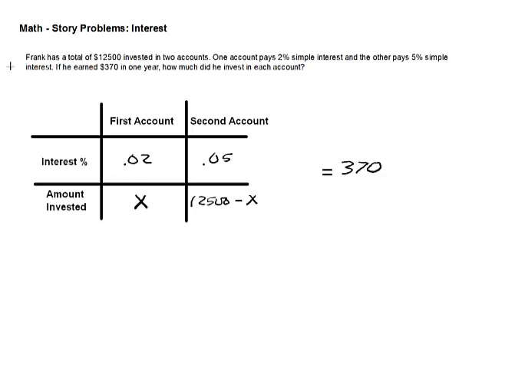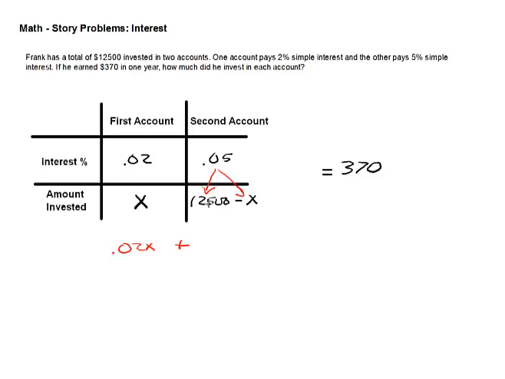So now what we want to do again is multiply straight down. So 0.02x, and we're going to add it to the second account. So we're going to take this and multiply it by both pieces here.